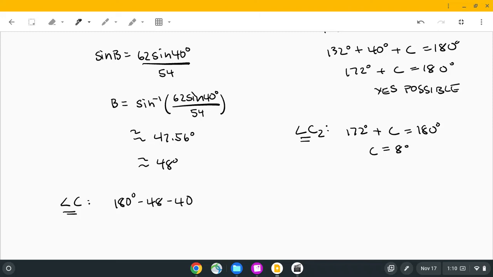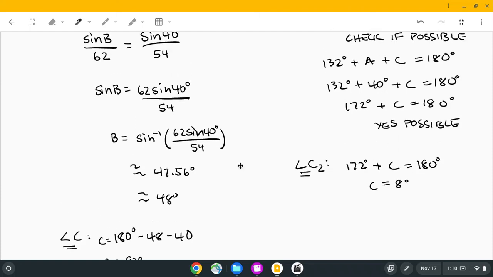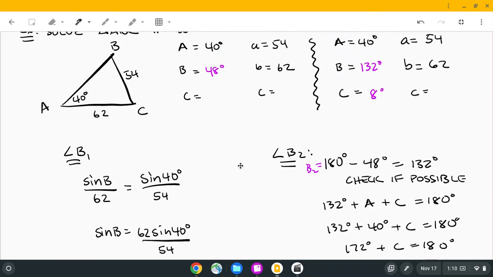So here for angle C, C equals 92. Okay. All right, so let's go ahead and fill that in.